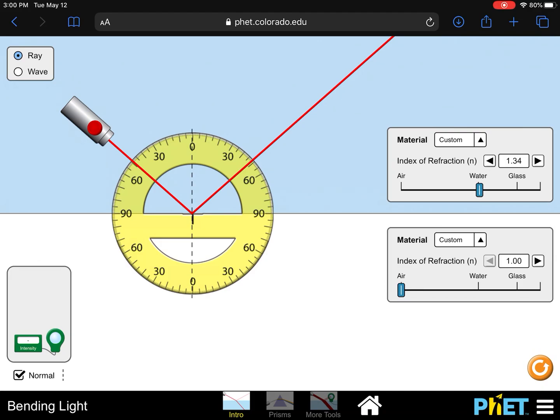Depending upon the angle that the light is coming in at, and the refractive properties or the index of refraction of the two mediums, there's going to be an angle where the light will not be able to go through. This is kind of like skipping a rock in a lake or a pond. If you threw a rock straight down, it's of course going to go straight into the water.